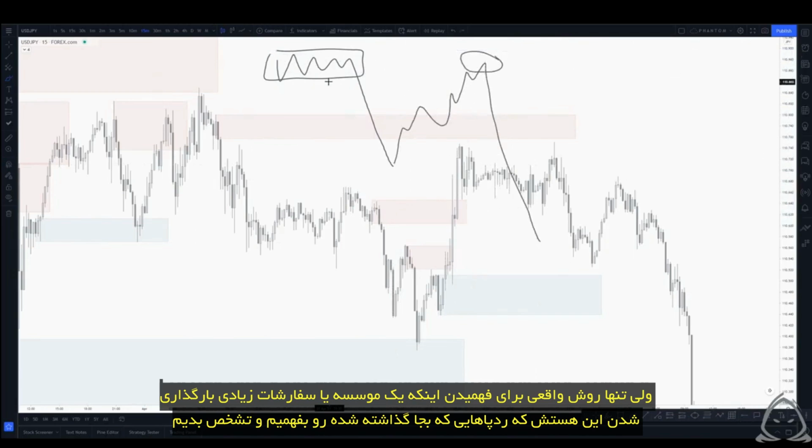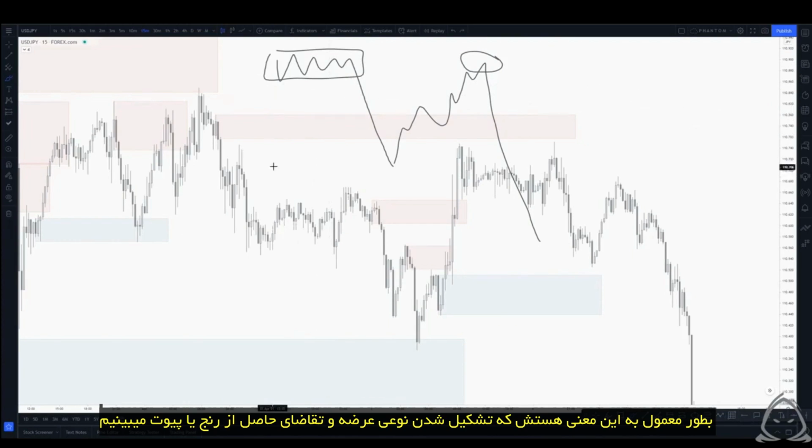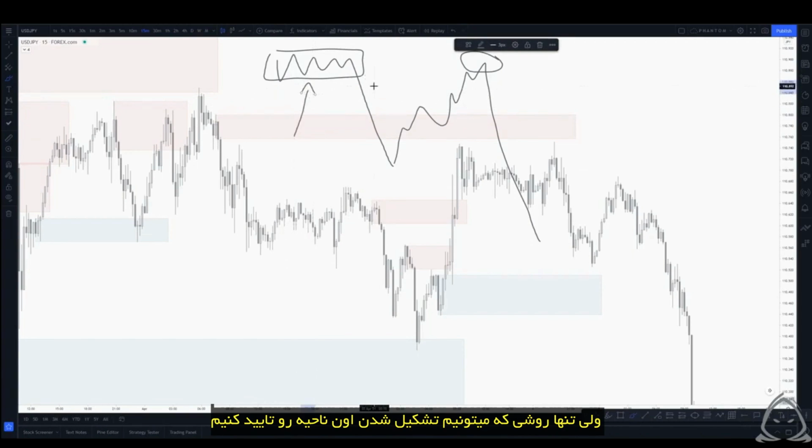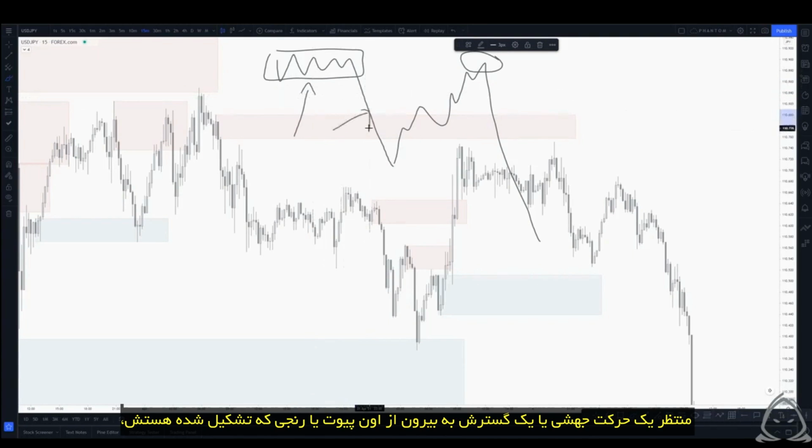But the only way for us to truly know if an institution or large collection of orders have been placed is by understanding and identifying the footprints that are left behind. Generally speaking, what that entails is seeing some sort of range or pivot created, a supply or demand zone that is being created. But the only way we're able to validate that zone being created is actually waiting for an impulsive move or an expansion outside of that pivot or range that was created.